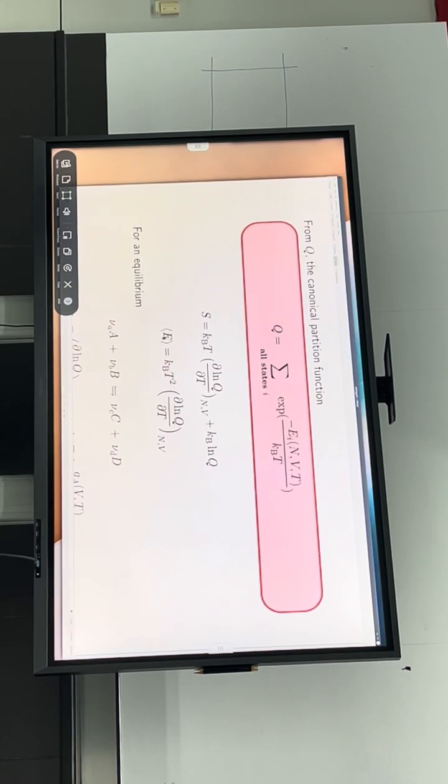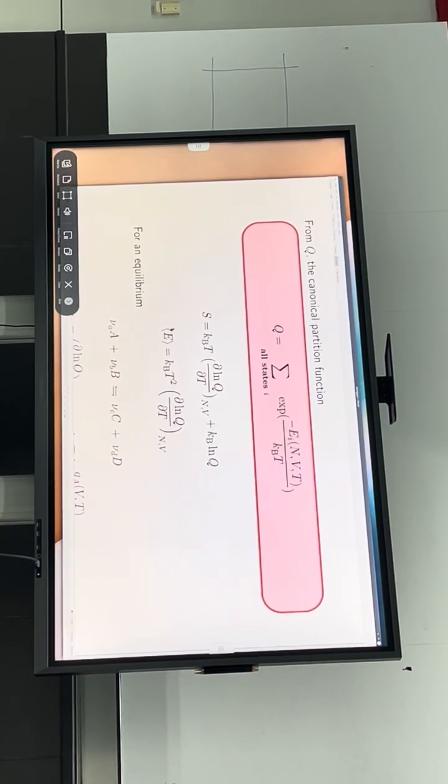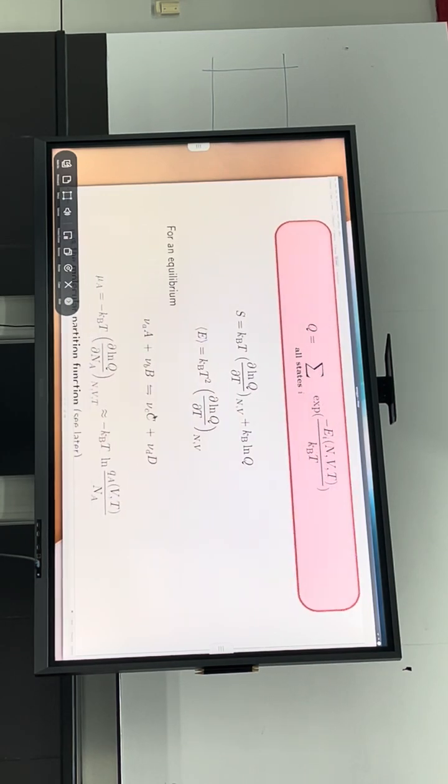I fixed the temperature. So I fixed the number of particles, the volume, and the temperature. So I cannot fix the energy. The energy will fluctuate. But, of course, the average value of the energy, that will be constant in an equilibrium system. So this is why I compute the average value of the energy. And you see that it's quite simple. You take the logarithm of this thing, and that's okay.